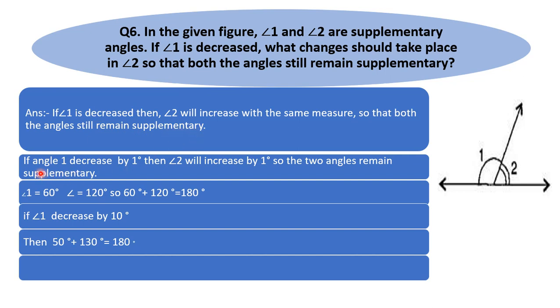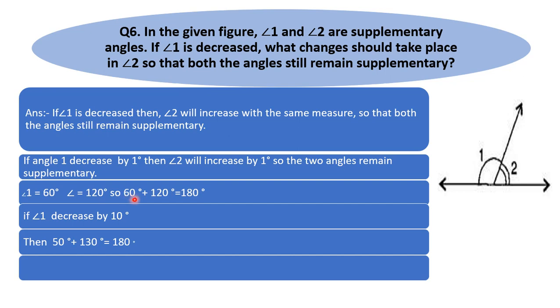We can understand this by an example. If we take angle 1 decreased by 1 degree, then angle 2 will increase by 1 degree. Then only both will remain supplementary angles. For example, let angle 1 be 60 degree and angle 2 be 120 degree. So their sum, as they are supplementary, 60 plus 120 is equal to 180 degree. Now we reduce this angle 1.